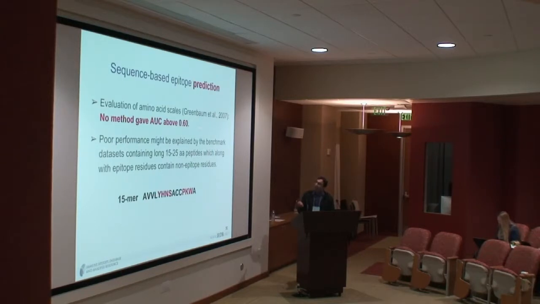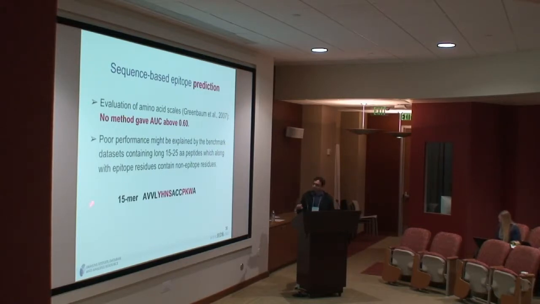This study evaluated all these amino acid scales and showed that none of these amino acid scale methods gave an AUC above 0.6. Let me remind you, 0.5 is a completely random prediction. 0.6 is close to that, it's not very good. This is attributed to the benchmark data sets, and it has been an issue with B-cell epitope prediction, whether linear or discontinuous epitope prediction.